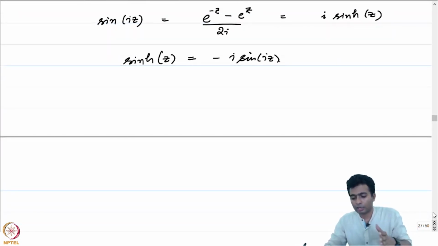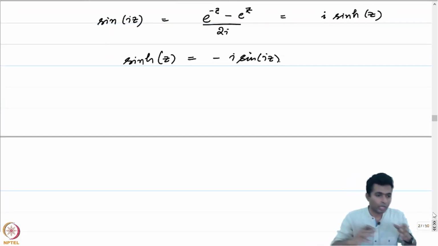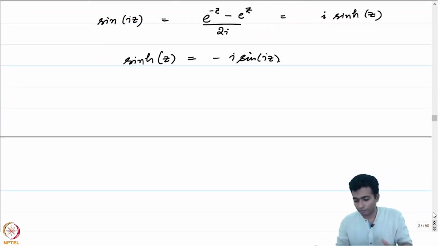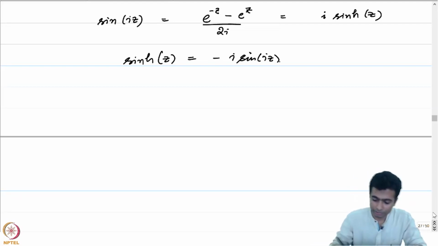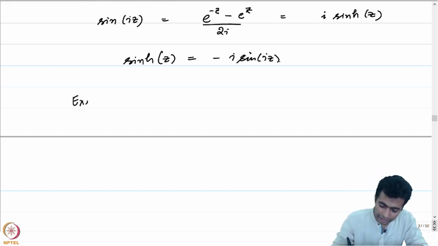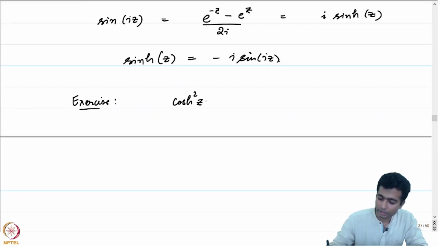The hyperbolic sine and cosine functions also have an analog of all the algebraic properties that the complex sine and the complex cosine functions satisfy. For example, this is again an exercise. Check that cos h square z minus sine h square z is equal to 1.